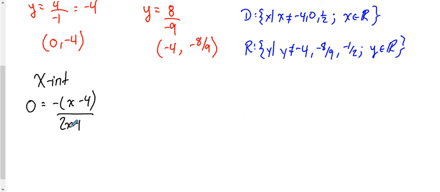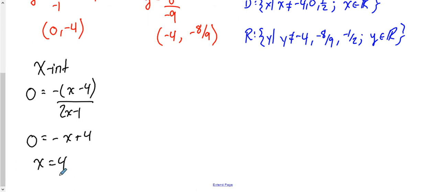Moving this 2x minus 1 out of the denominator by multiplying it. So I have 0 equals negative x plus 4, and I multiplied in that negative sign there. I can easily do that. Moving x to the other side, we have x equals positive 4. Therefore, we have an x-intercept at 4, comma 0.